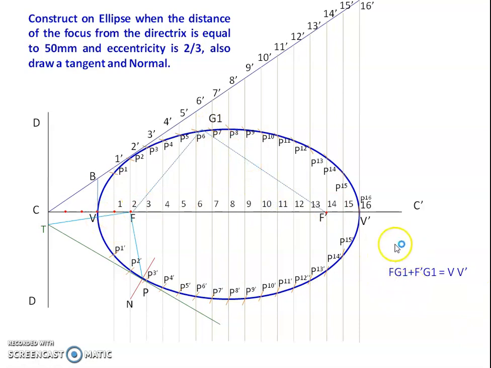Not only here, you draw it at other points too, and wherever it is on the curve, it should be equal to VV dash. So if the distance is correct, it will be equal everywhere on the ellipse curve. So this is the construction of the ellipse by the eccentricity method.